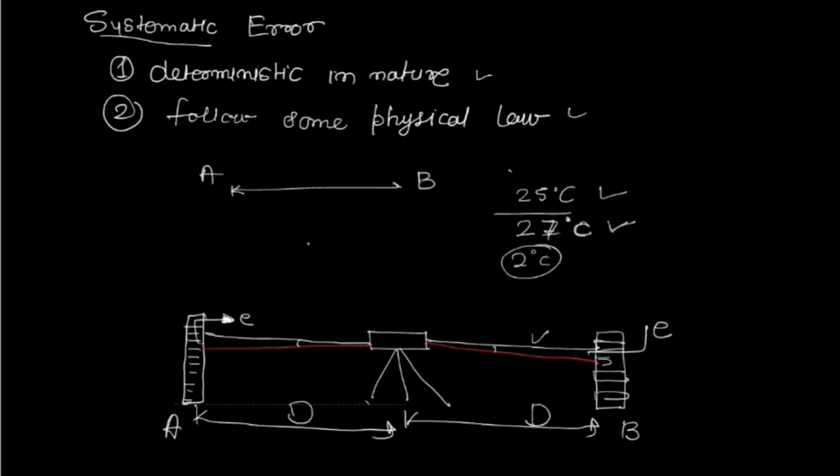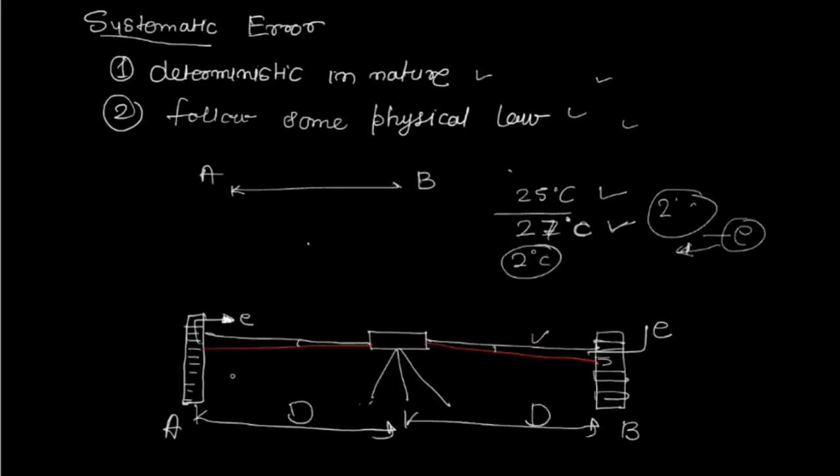That is also an example of how we deal with systematic error. We know the amount or the nature of the error, and we can determine it. In the first case, we can determine that for 2 degrees Celsius, this much linear expansion will occur. So this is the error, and now we can eliminate it. It followed some physical law, and it has also been determined.